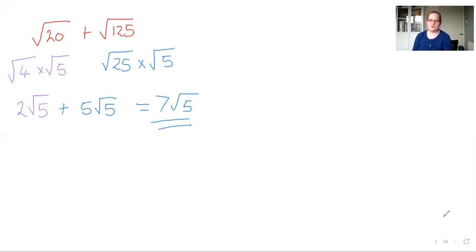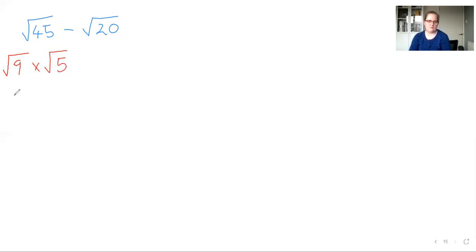Having a look at just a couple of subtractions now. So we have got root 45 take away root 20. Root 45, 9 goes into 45 5 times.